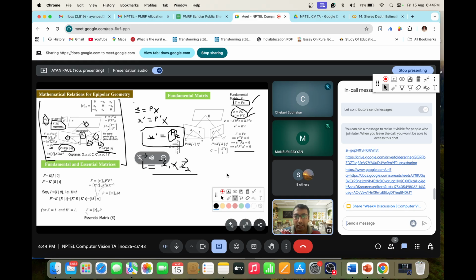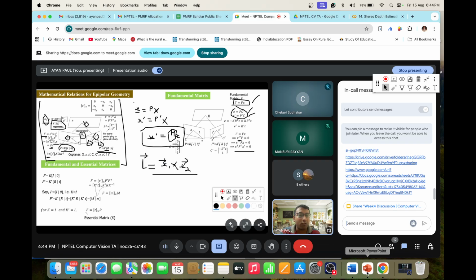So what I was discussing: H is the homogeneous matrix that transforms X to X dash. H is given by K dash R K inverse. K dash R will be coming from your right camera projective matrix. K inverse will be coming from your left camera projective matrix.